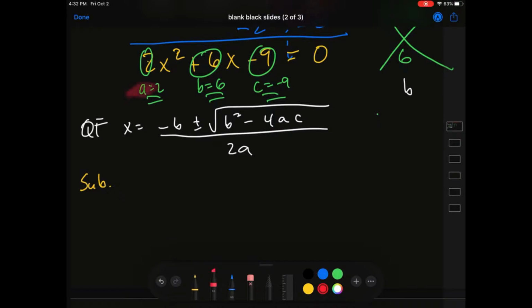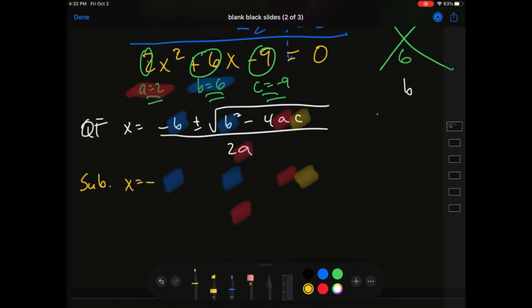Okay, my A value is 2, so everywhere I see an A, we're going to put in 2 here. B is 6, so everywhere I see a B, we're going to do 6. And the C value goes there, okay? Let's now write this in.